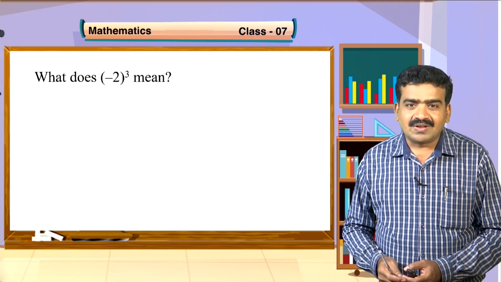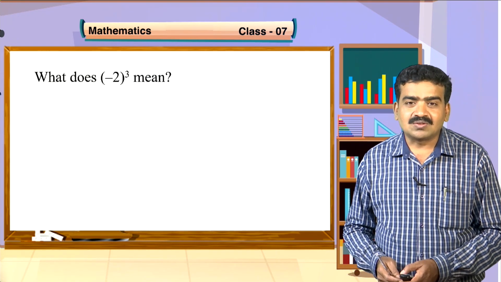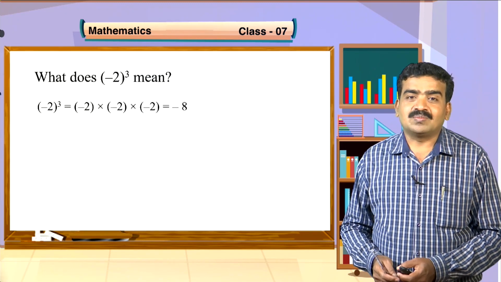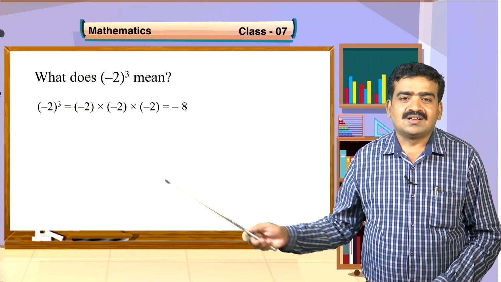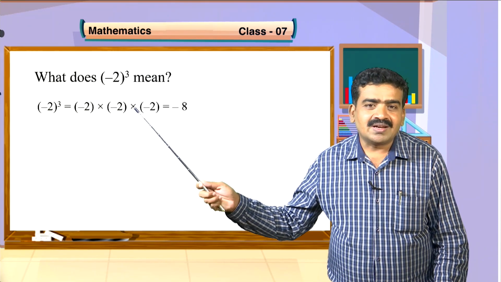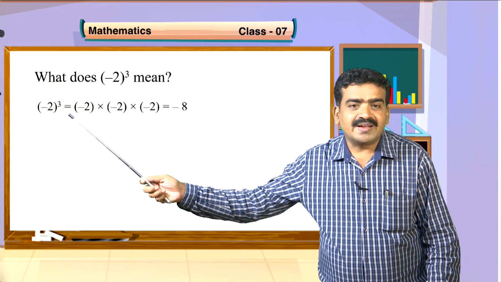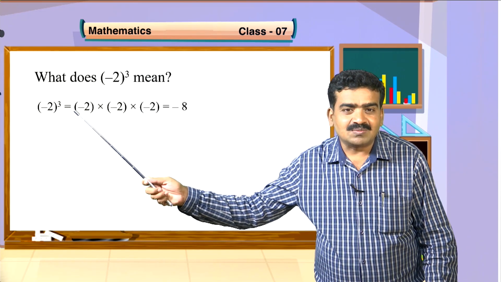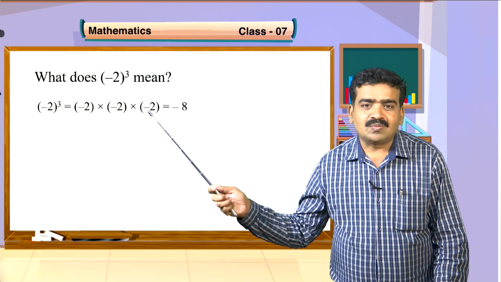Can you find the value of minus 2 to the power of 3? What does minus 2 to the power of 3 mean? It is the product of negative numbers, that is, minus 2 is multiplied 3 times. So, minus 2 multiplied 3 times means minus 2 into minus 2 into minus 2.